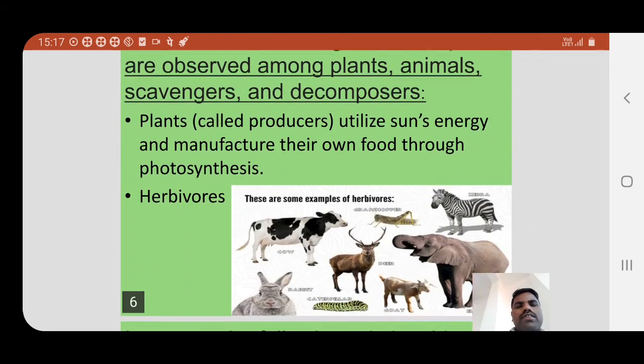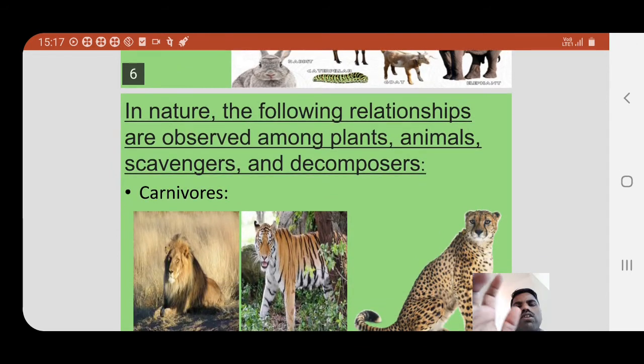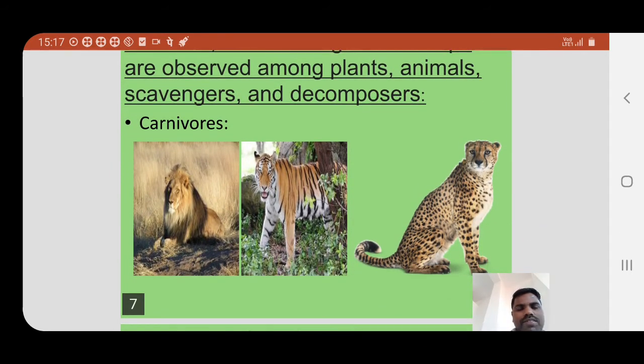Next, after the herbivores, we'll go to the carnivores. Have you seen these animals? Some you may have seen in the zoo; we can't see them in villages.